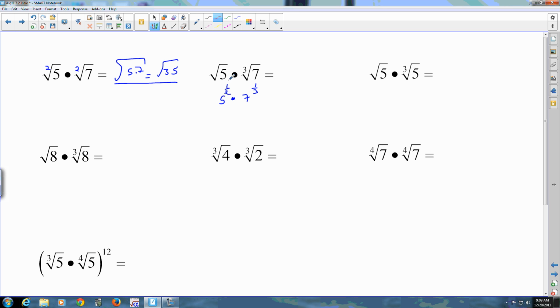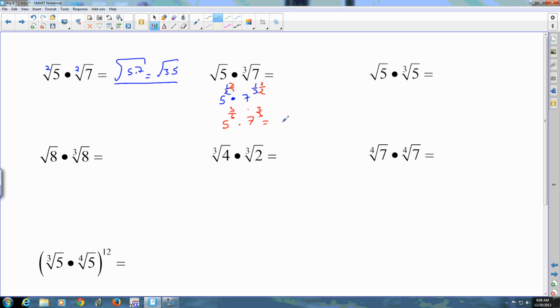So I'm going to multiply this by 3/3. Sorry, that's kind of crunched. So I get 5 to the 3/6 times 7, and this one would be multiplied by 2/2. Oops, 7 to the 2/6.